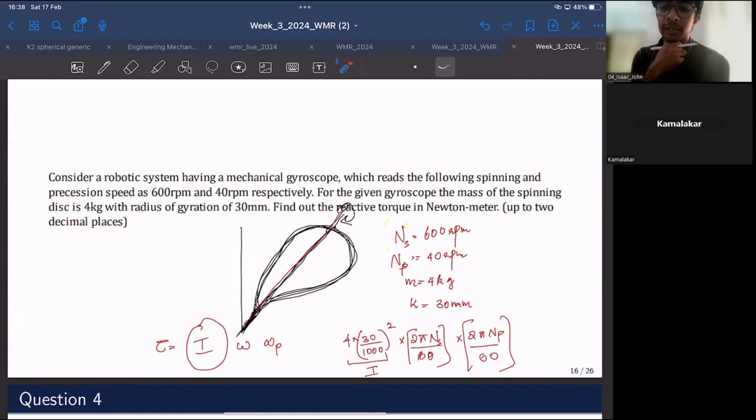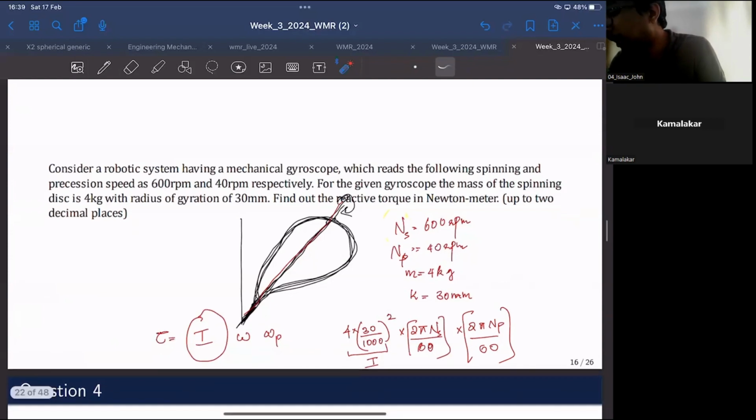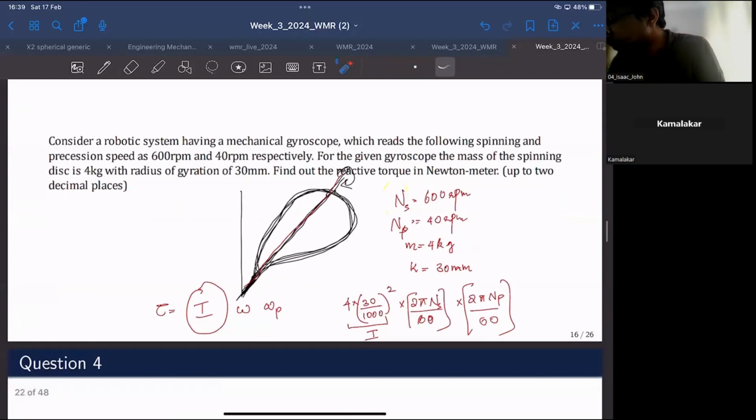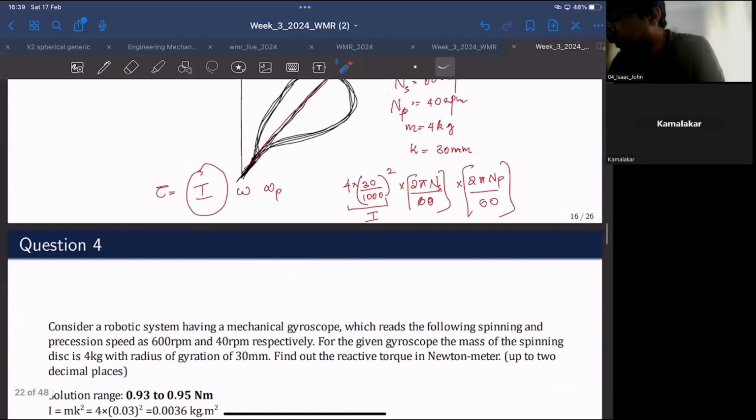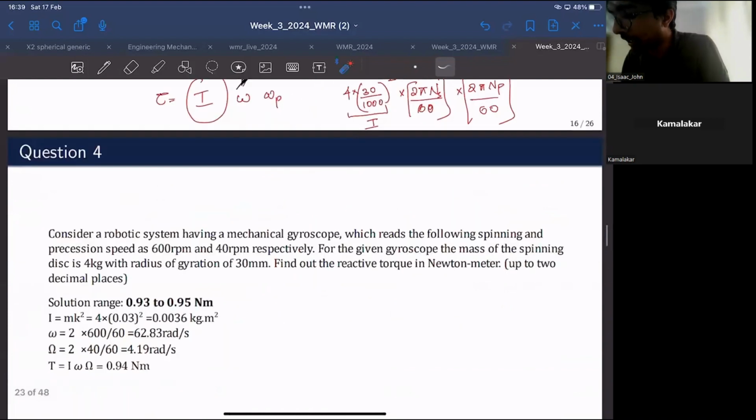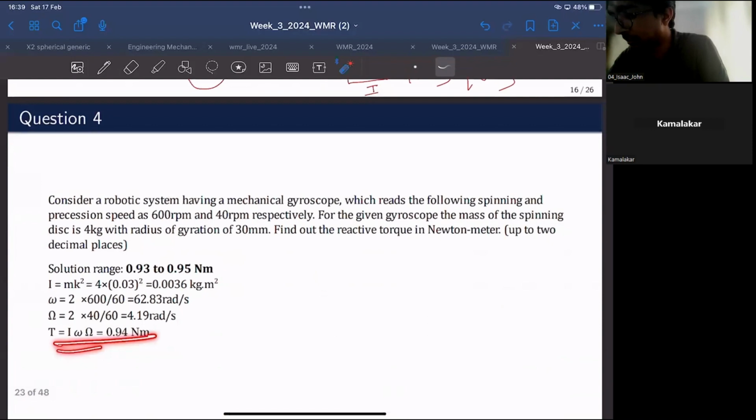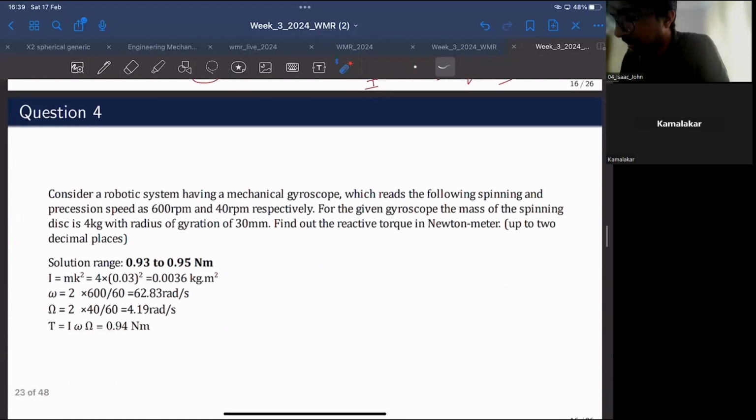Rounding off the answer to 2 decimal places is also necessary. If you don't do that, the answer may be marked as incorrect. Once you do that, the correct numerical answer would be 0.94 Newton meters. I have discussed that the reactive torque is I omega omega p.